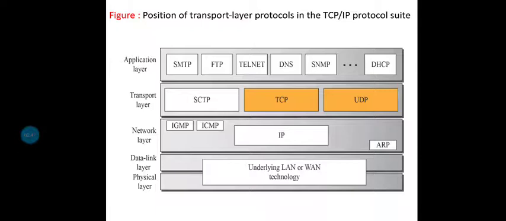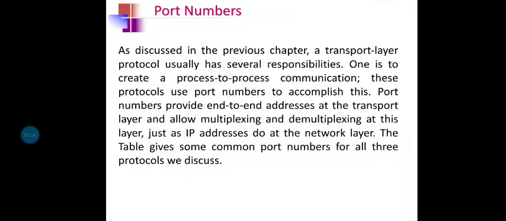So let us discuss the UDP. In this video, we are discussing the UDP, that is user datagram protocol. The transport layer protocol usually has several responsibilities. One is to create process to process communication.